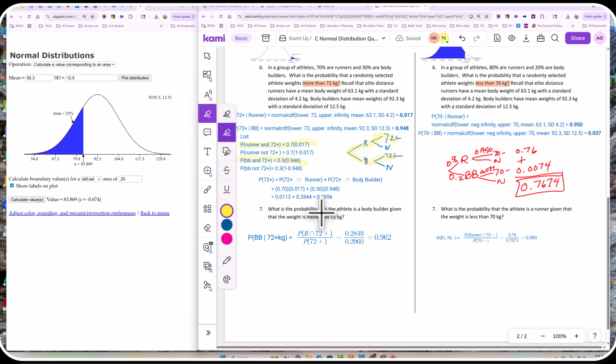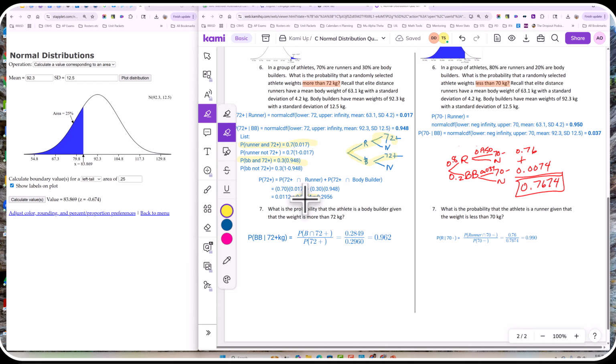Then I asked, what is the probability an athlete is a bodybuilder given that they weigh more than 72 kilograms? I'm going to stay on this one because these numbers are related. I'm going to say it's pretty high because most of the bodybuilders weigh more than 72 kilograms. And we found out that that was 0.2844 or 49, depending how you calculated it.